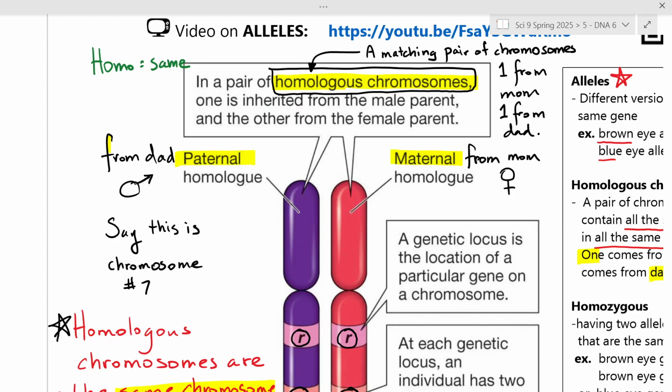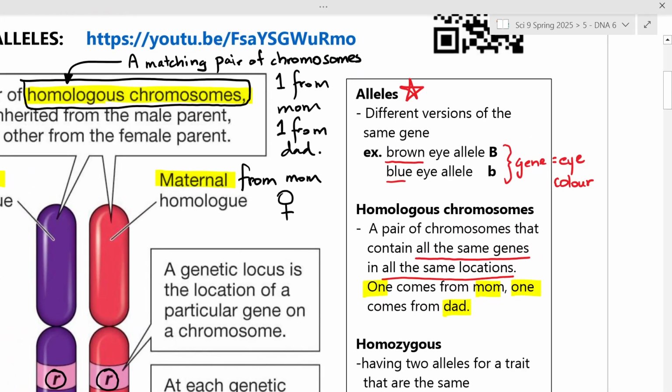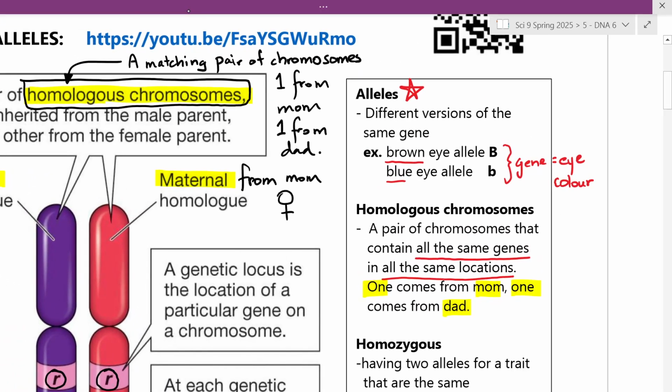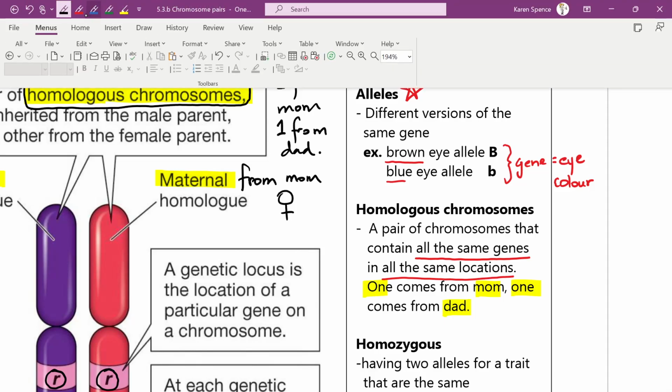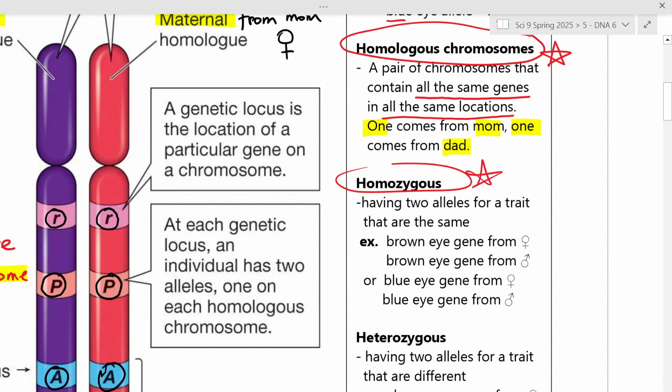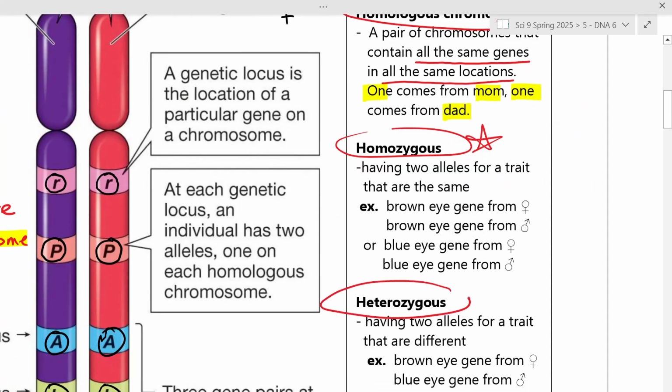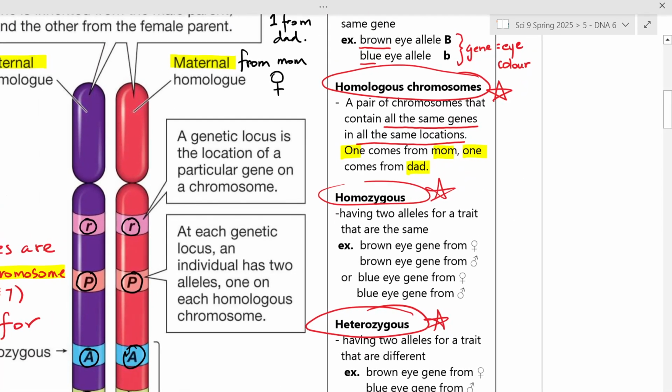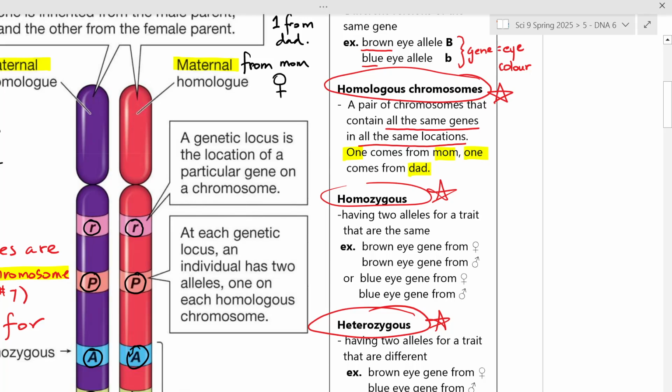Okay. So you need to know alleles. You need to know homologous chromosomes. You need to know homozygous. You need to know heterozygous. Okay, so all the little vocab in that box on the right, you need to know.